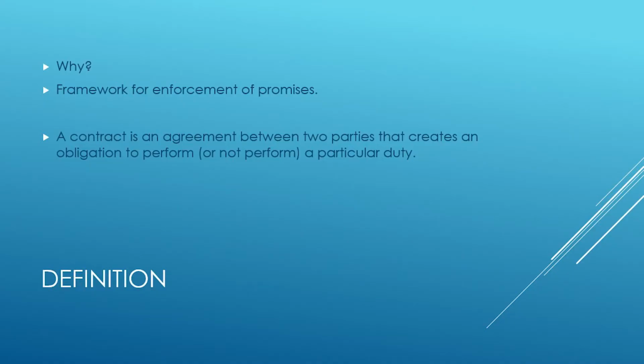But the first thing we need to do is to define contracts. We do that through this definition. A contract is an agreement between two parties that creates an obligation to perform or not to perform a particular duty. Now, it's important to talk about performing, which I think we all understand. If I pay you $5 to mow my lawn, that's $5 for mowing my lawn.